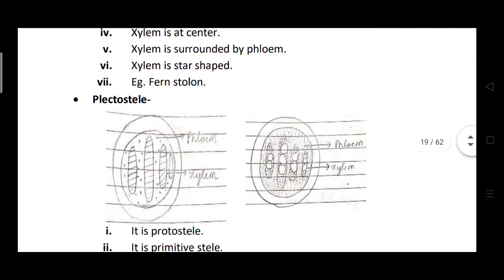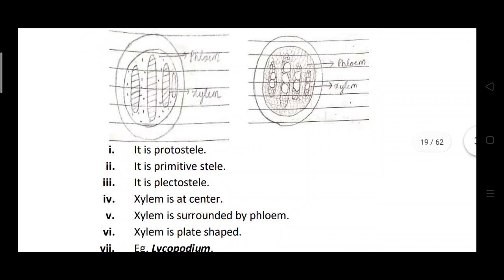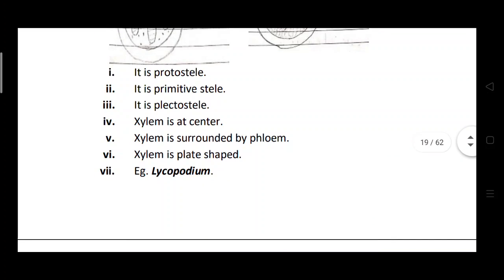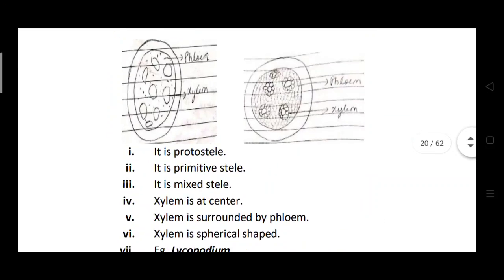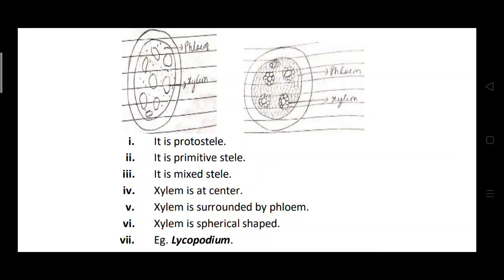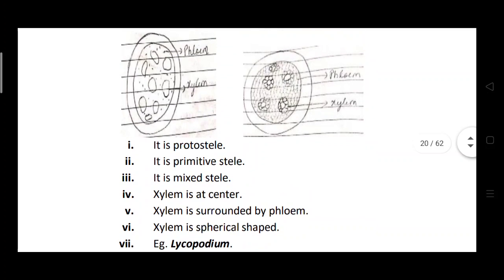In plectostele, the main difference is that the xylem is plate shaped. Then in mixed stele, the xylem is present at the center, surrounded by the phloem, and the xylem is scattered.